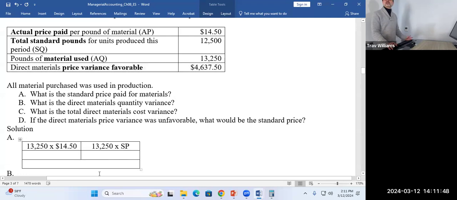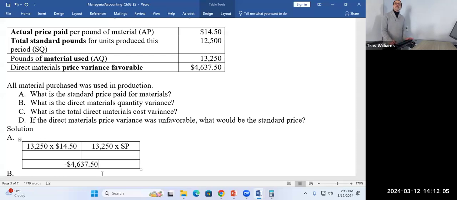That's what goes here. And because it's favorable, we know it's negative. So let's go ahead and plug that in, 4,637.50. Okay, that's the information we have.